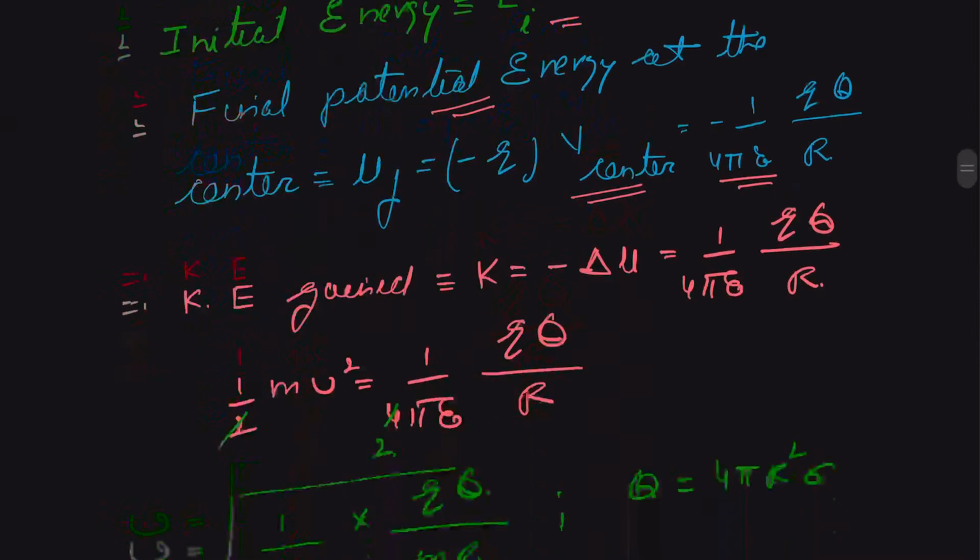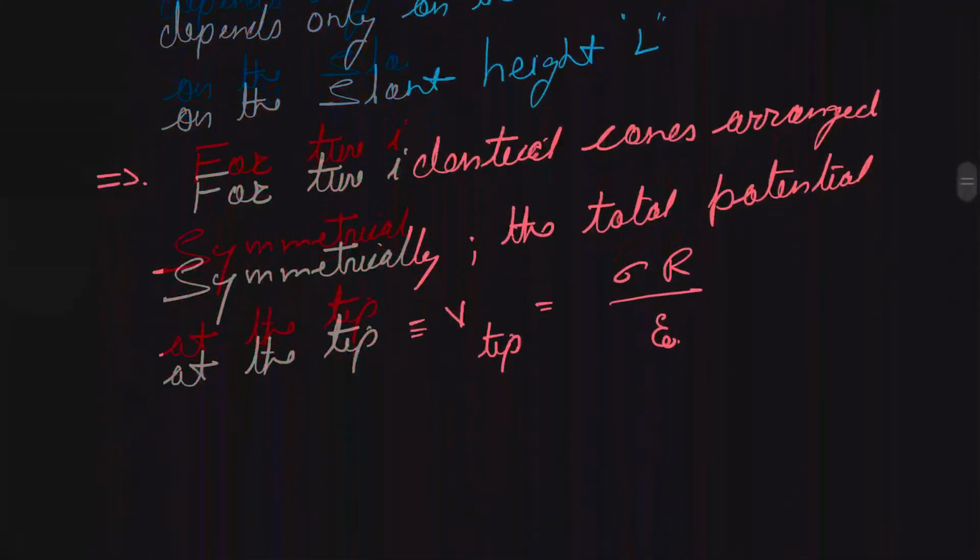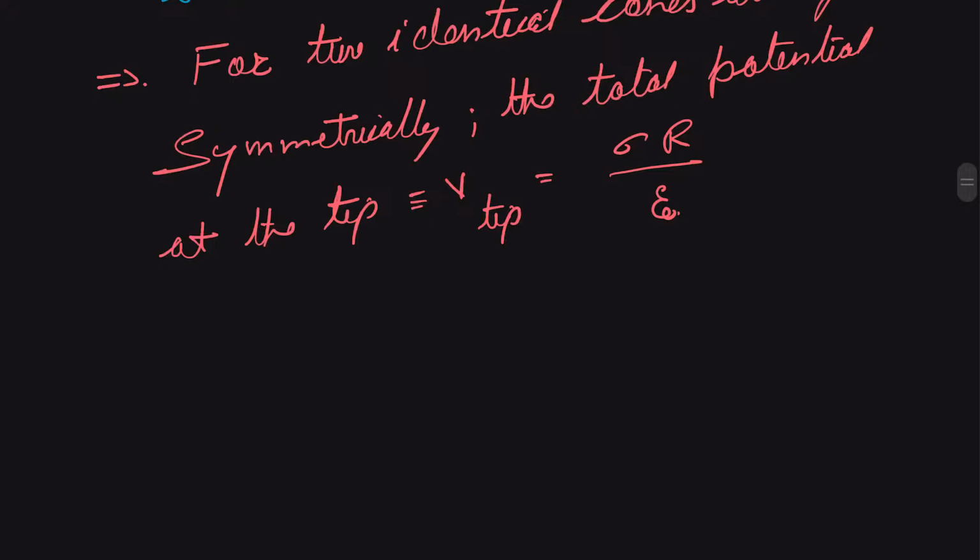Okay, so they are the same. So this is the same as our potential at the center of the spherical shell. Okay. Once again, same law, we can use conservation.